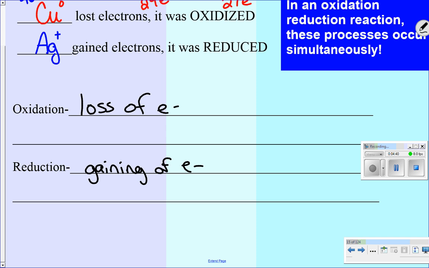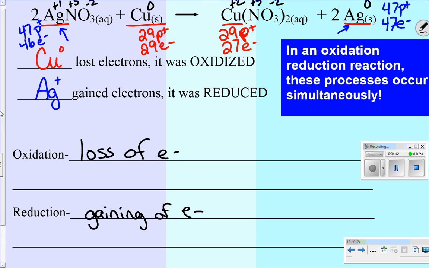of electrons. What you'll notice, when electrons are lost, so copper is losing electrons, it starts at 29, goes down to 27, its charge is going from 0 to +2. So what's going to happen here is we're going to have an increase in charge. Reduction, if we're looking at silver, silver starts with a +1 charge and ends up with a neutral charge.